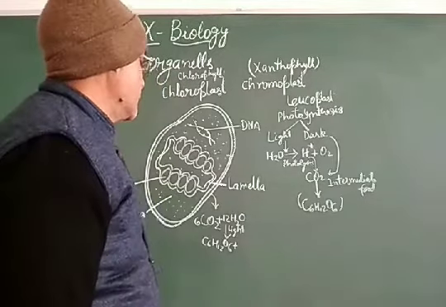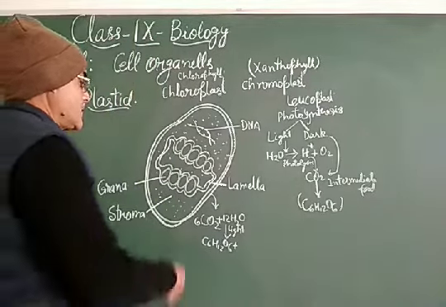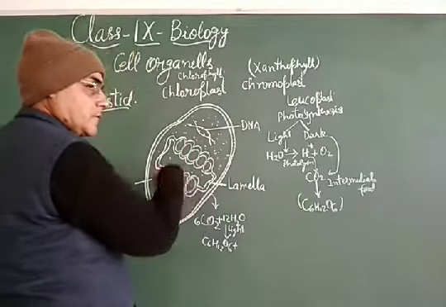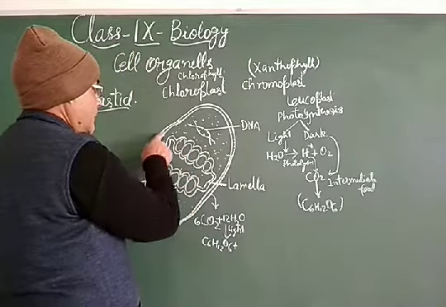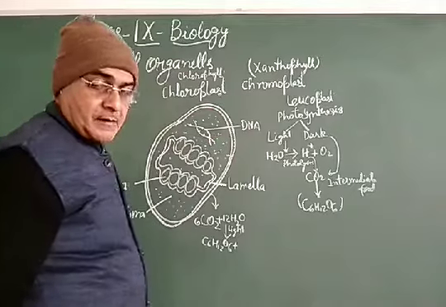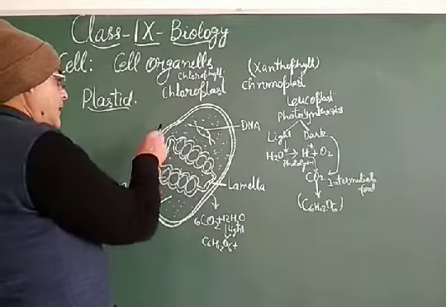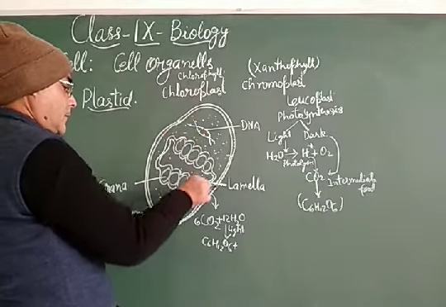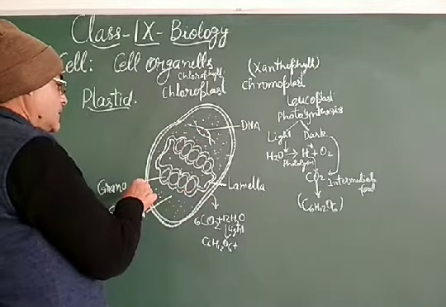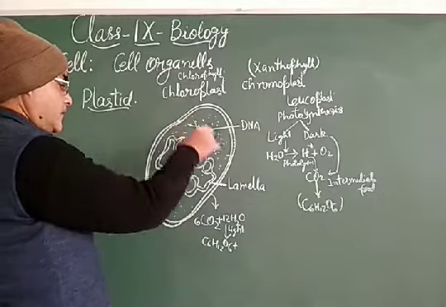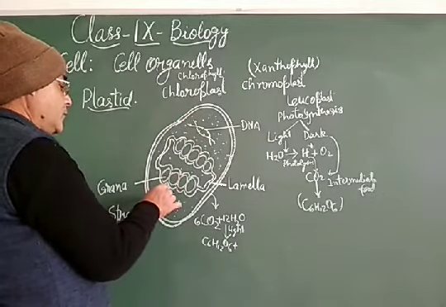the plant. Dear students, if you consider the structure of this plastid once again, it is a double membranous structure. This structure surrounds this complete cell organelle, which has deep grooves.